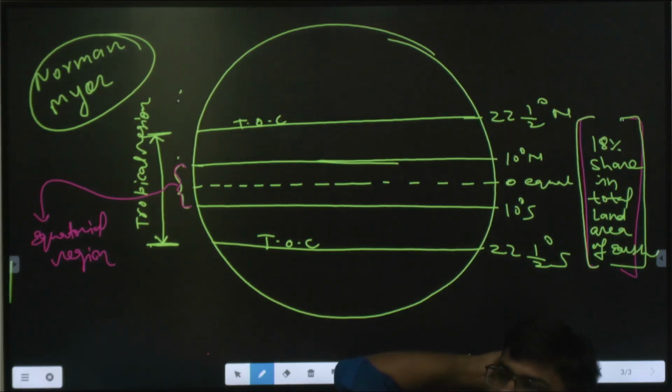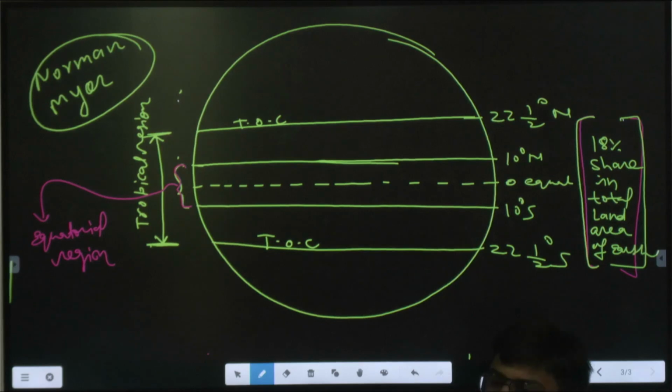You will find that the condition of abiotic factors is very, very favorable to support diversity in life forms in all these locations which we have considered in this particular discussion, whether they are mega diverse countries or any other content.